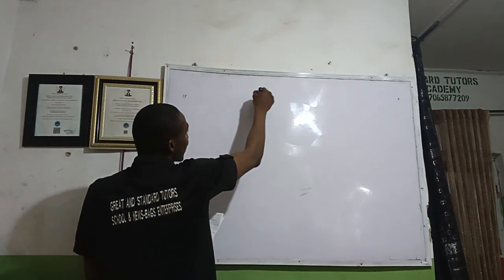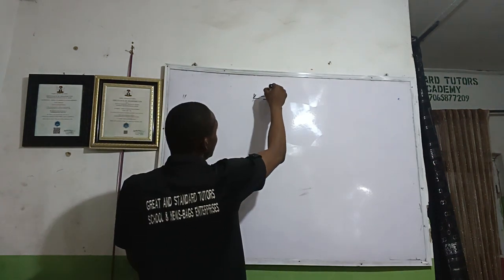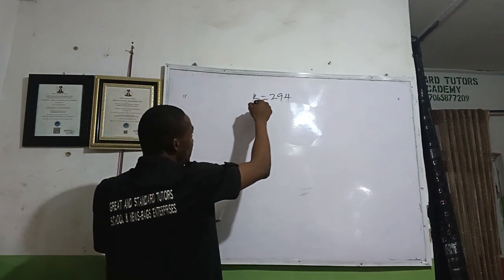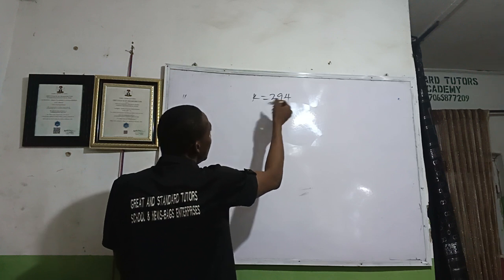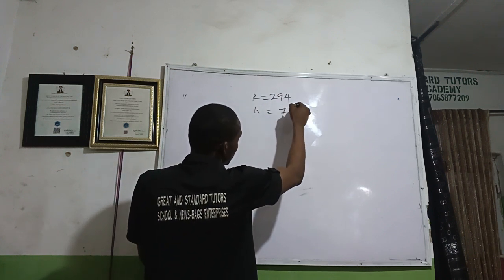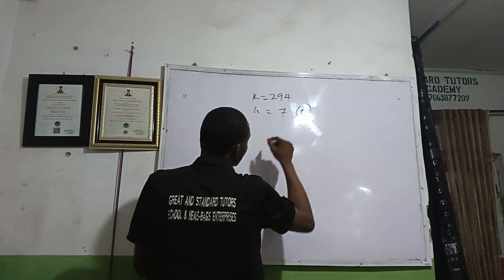So here we have our k to be 294 meters after 7 minutes.